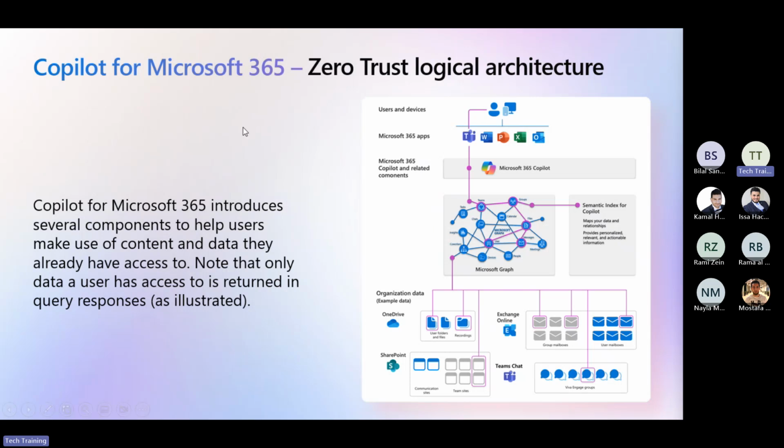So, Microsoft Copilot 365 Zero Trust Logical Architecture. I told you about Zero Trust, which means that every user and device, every application, every level of files that are being extracted from any of the information that I have, they all will comply with what is called the Zero Trust Logical Architecture.